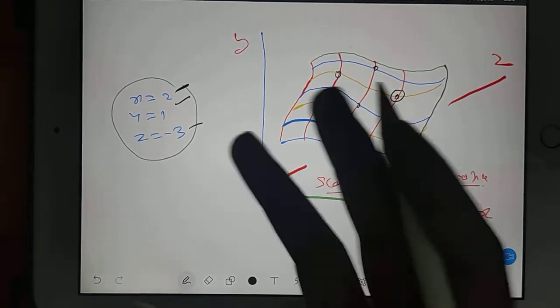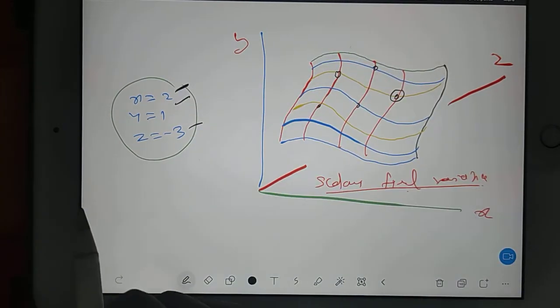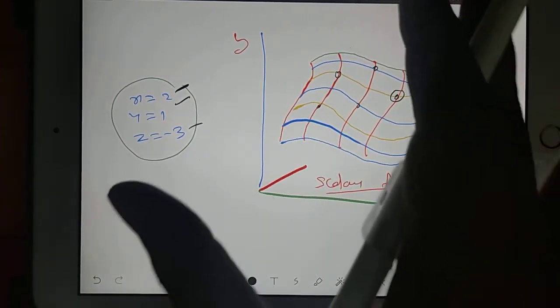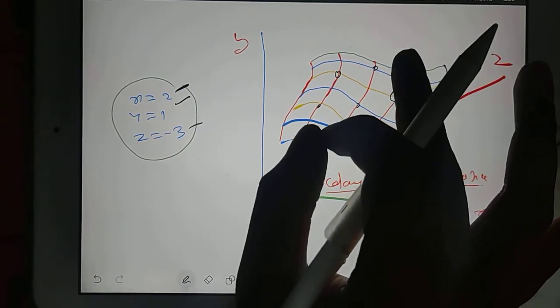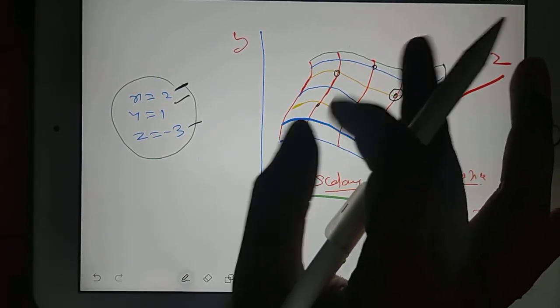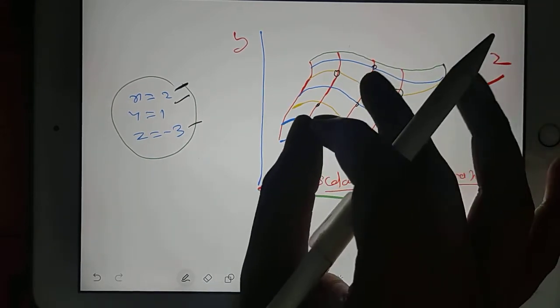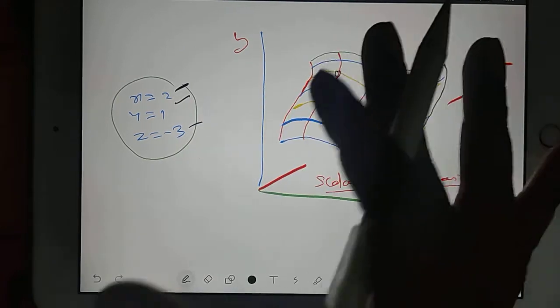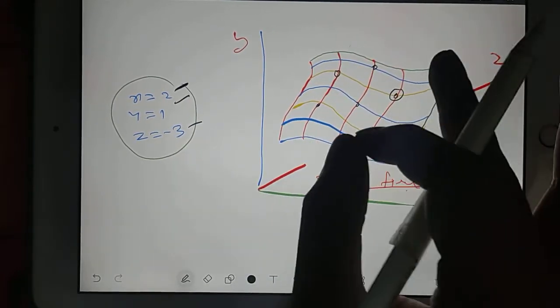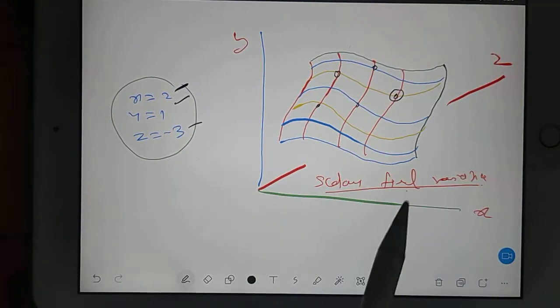Now what is the physical meaning of gradient? First understand one thing: del is an operator. That operator will help you convert your scalar quantity into a vector quantity. But how, and what is the physical meaning?